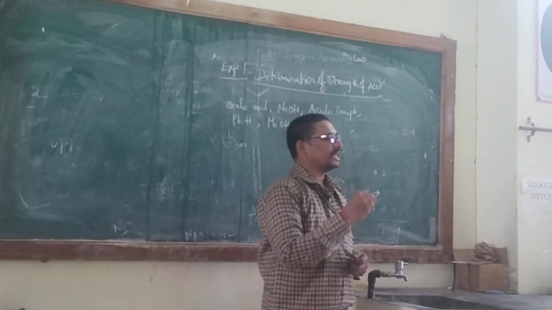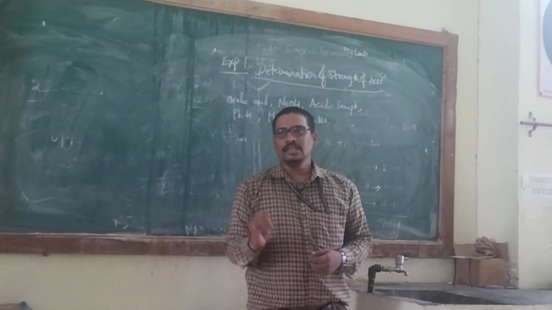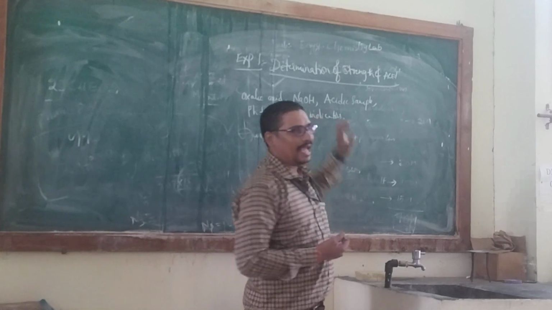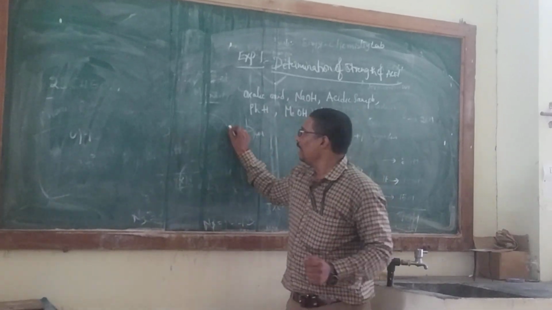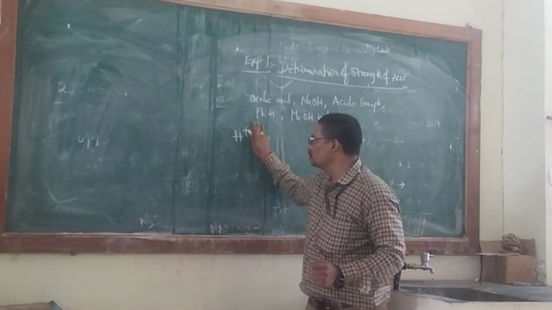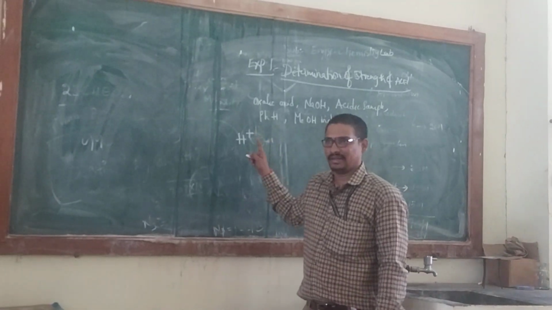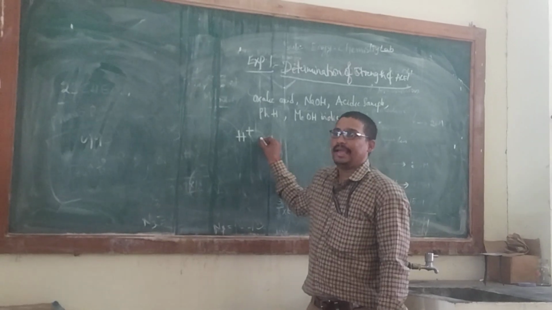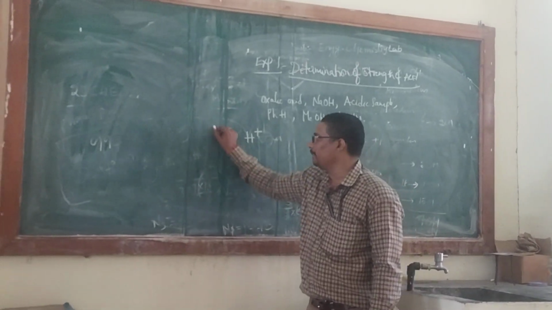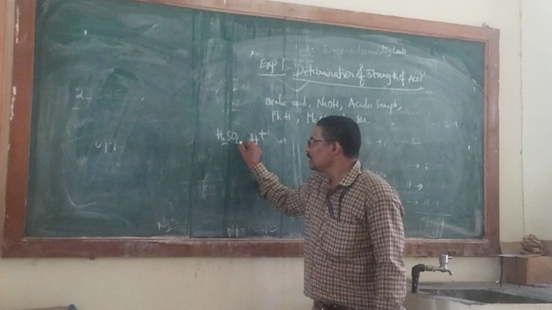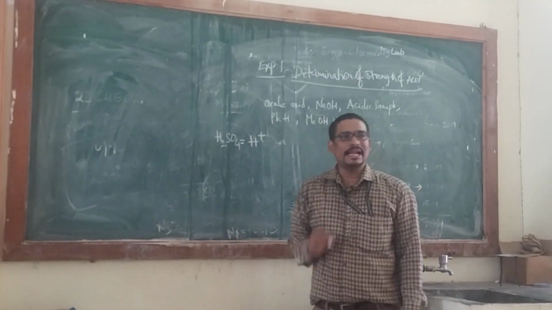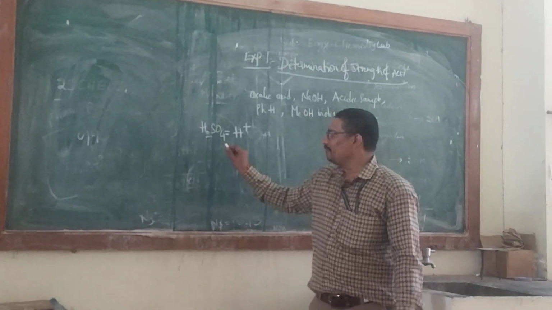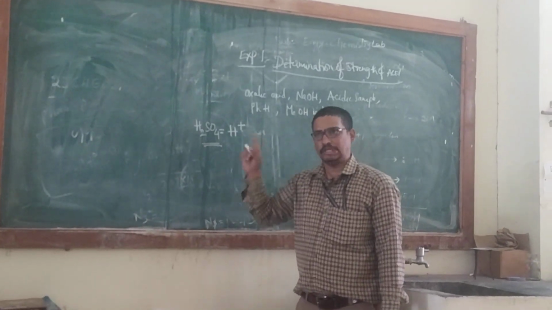Next we go for the principle of the titration. In the principle, we come to know that there are some ions which are produced by the acid into the solution. Acid produces what ions into the solution? H plus ions. Here we have an acid called sulfuric acid. Lead acid battery is a battery which consists of sulfuric acid as electrolytic solution.